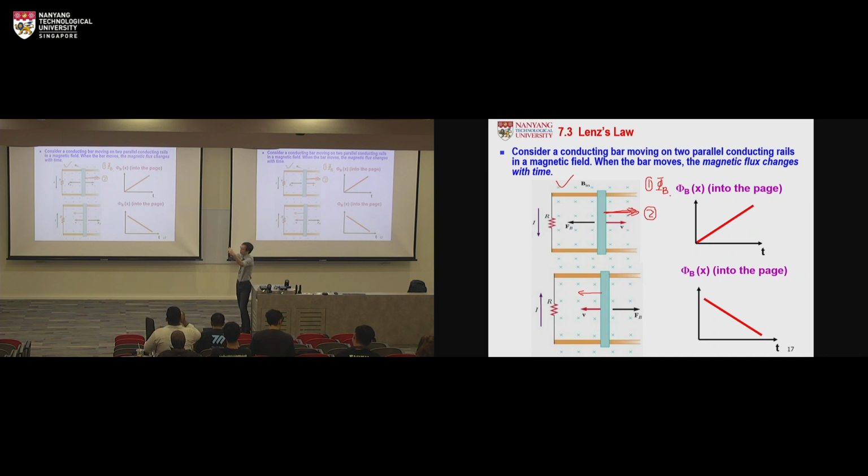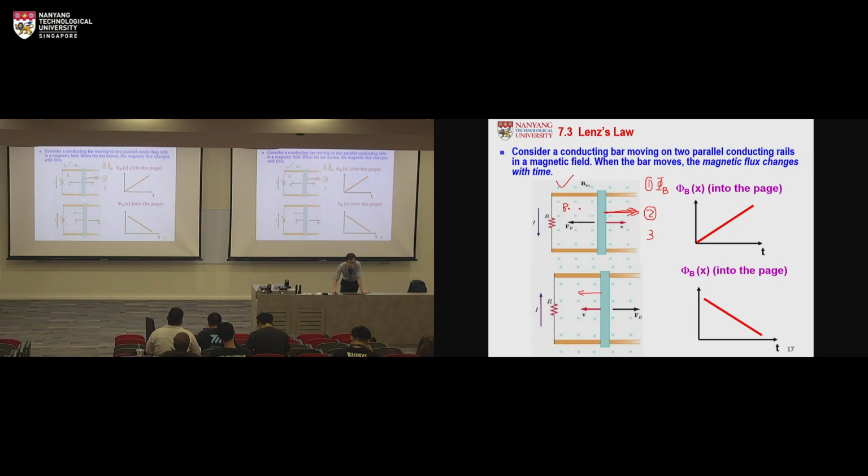You have into the page increasing, then the induced one should point the opposite direction, right? So then step 2, you can tell there should be an induced flux pointing out of the page. That is to say, the induced B should be pointing out of the page. This is what you can determine as step 2.